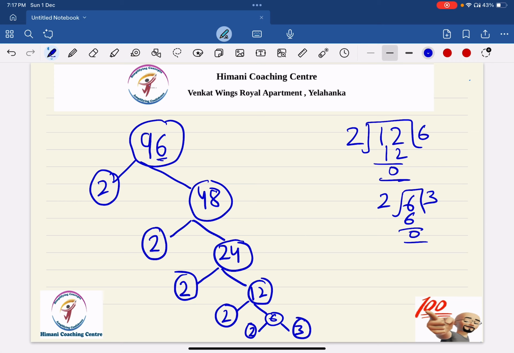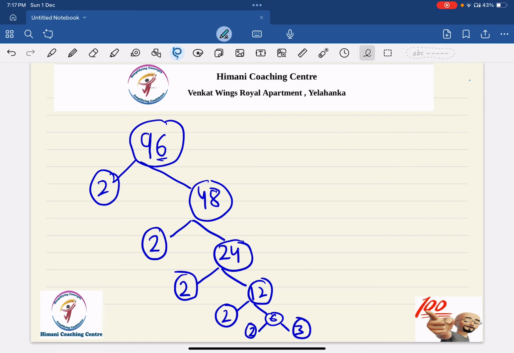So what have we done? We have drawn a factor tree of 96. And what factors are we talking about? We are talking only about prime factors. So this is the way we do prime factorization. Now kids, what I want you to try is draw a factor tree of 75.